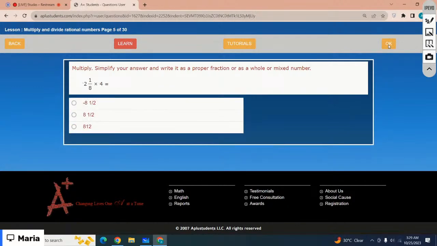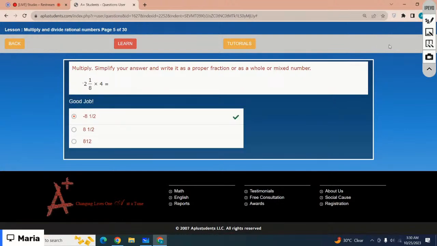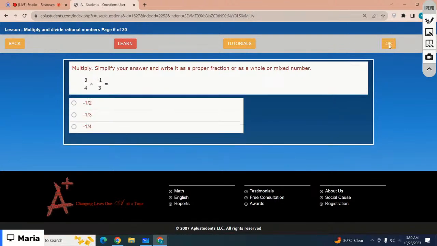Okay, multiply negative 2 whole 1 over 8 times 4. So which is the correct option? Yes, very good. That would be negative 8 whole 1 over 2. Okay, 3 over 4 times negative 1 over 3. So which is the correct option?